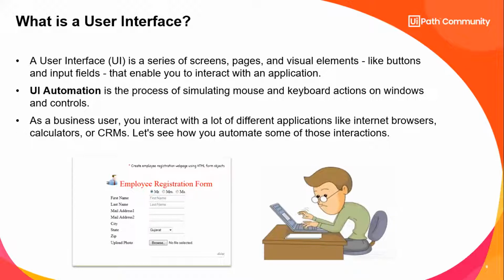It's a very straightforward statement that helps you understand that a user interface is nothing but the combination of all the buttons, input fields, or text fields that you see on the screen that help you interact with any of the applications. For example, your Gmail account. How do you interact with a Gmail account? You have those sign-in options.